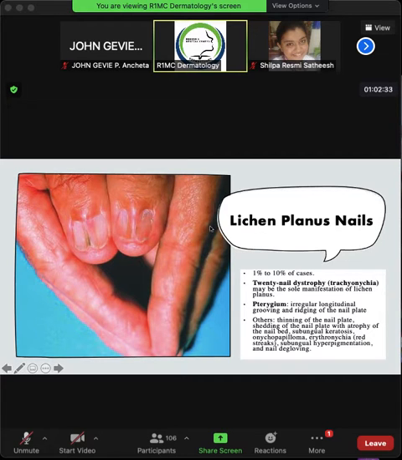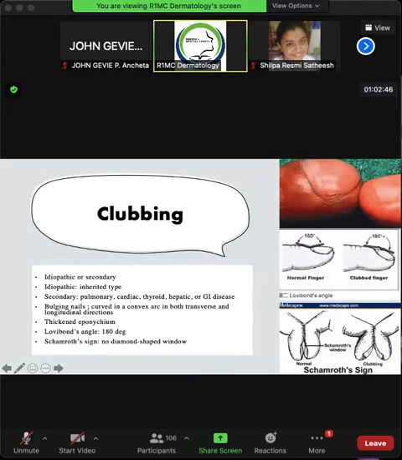So if all the nails are affected, we call that twenty nail dystrophy, or your trachyonychia, which can be the sole manifestation of your lichen planus of the nails.